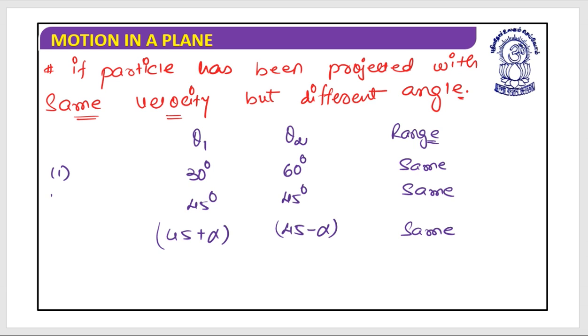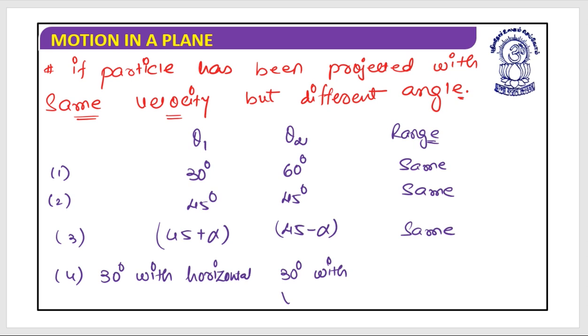Now one more very interesting point. Let's say this is 30 degrees with the horizontal. My angle is 30 degrees with horizontal, and theta 2 is 30 degrees with vertical. So if I directly add this, 30 plus 30 is 60. It's not a complementary angle, but you must consider that this is with horizontal and the other one is with vertical.